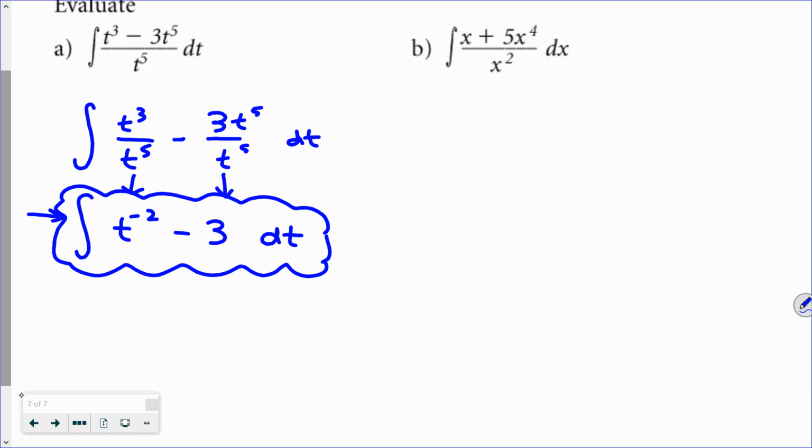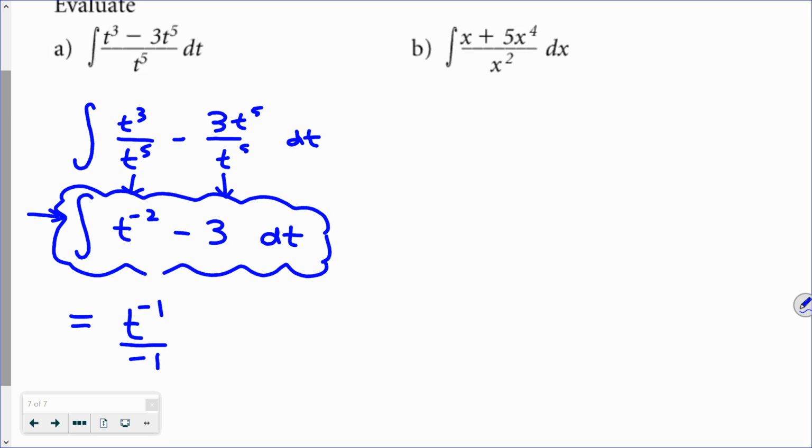So antiderivative of t to the negative 2nd power, it is a power rule. I'm going to now put an equal sign, drop the integral symbol because I'm doing the antiderivative, increase the power by 1. Whoa, just said I was going to drop that symbol, and I wrote it by accident. I'm going to keep t, increase the power by 1, put it over the new power.